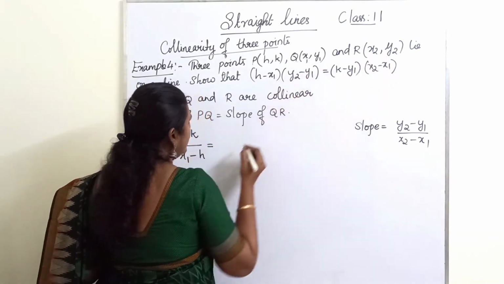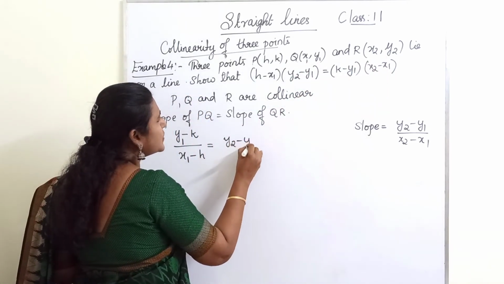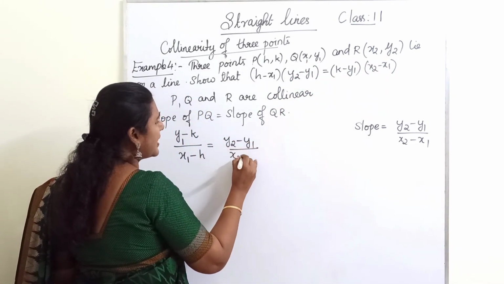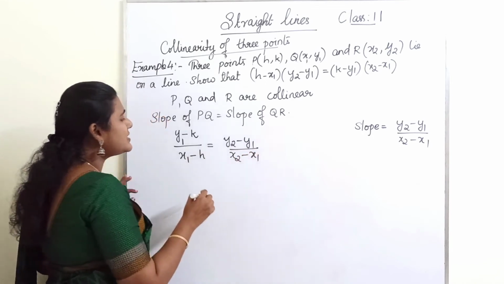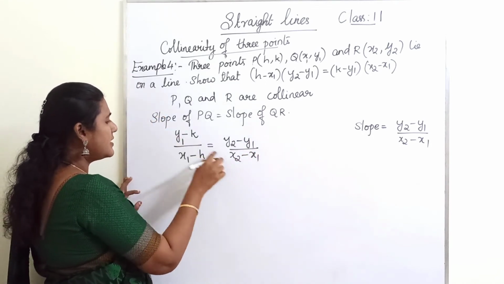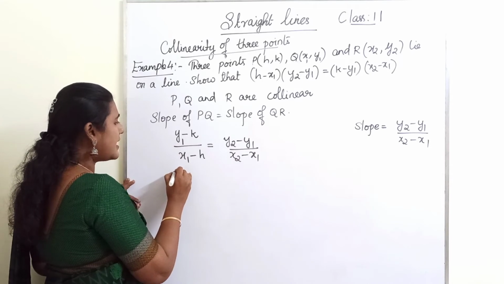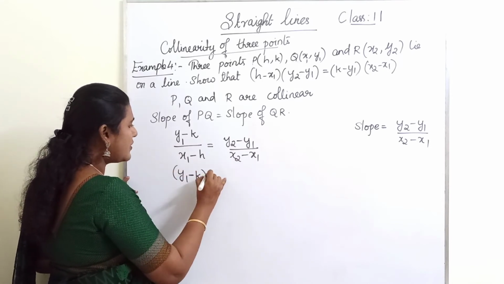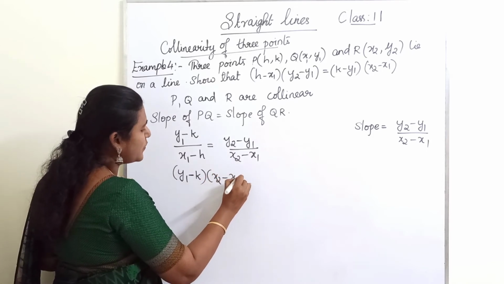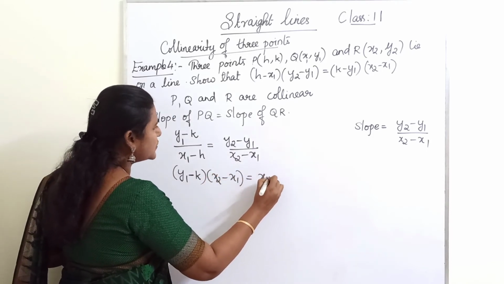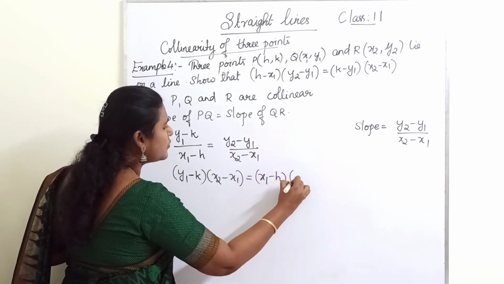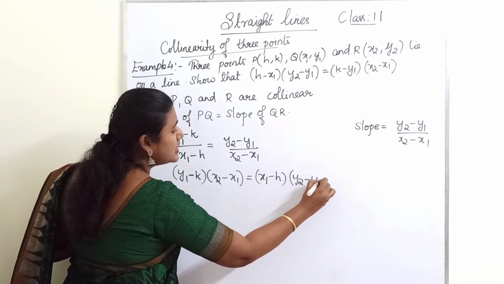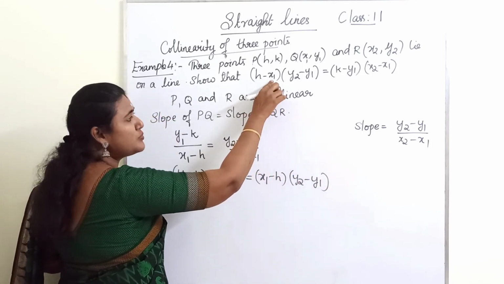The slope of QR is (y2 minus y1) by (x2 minus x1). Now we will just cross multiply. So we can write this as (y1 minus k)(x2 minus x1) is equal to (x1 minus h)(y2 minus y1).